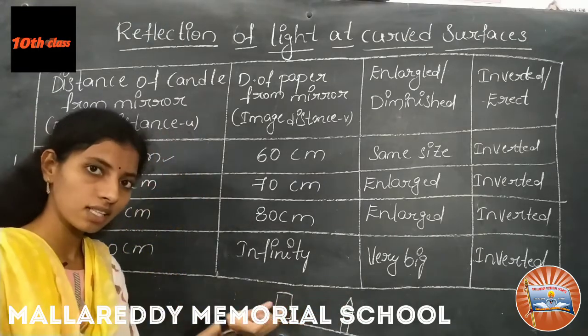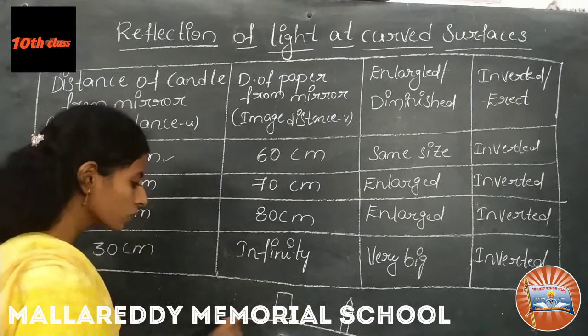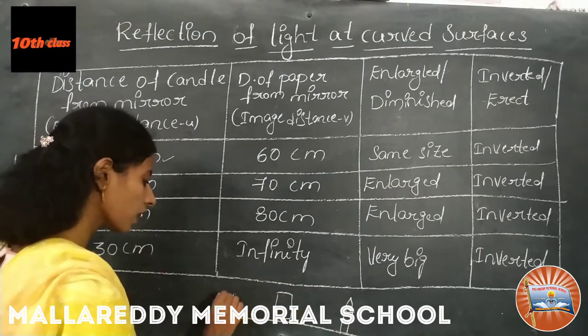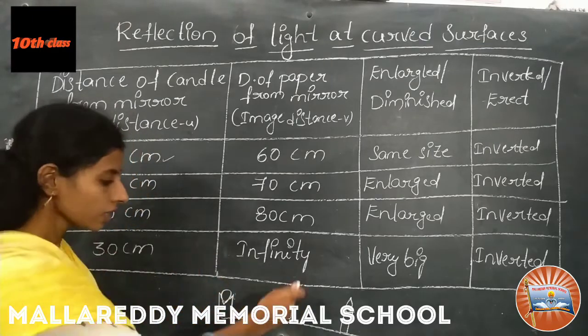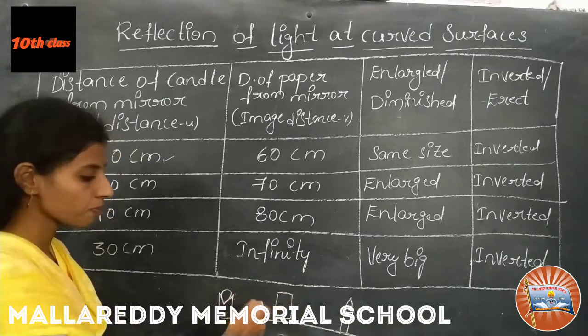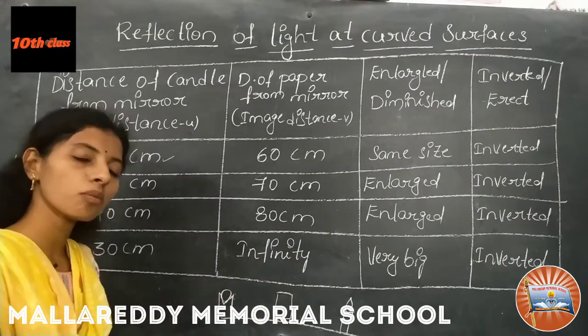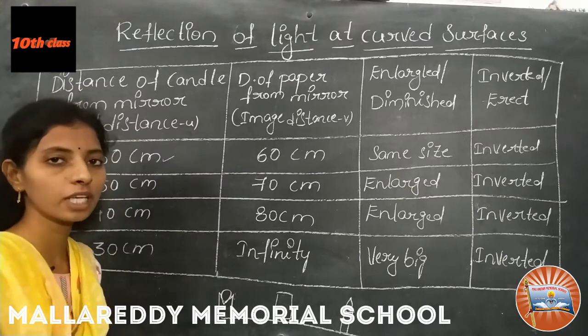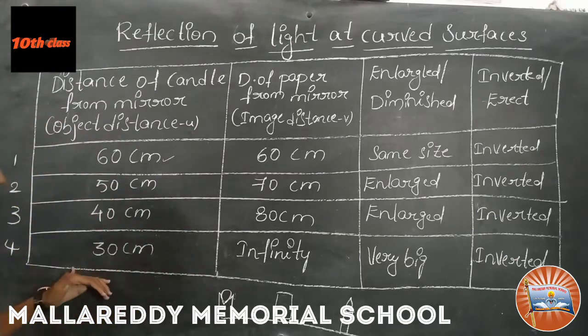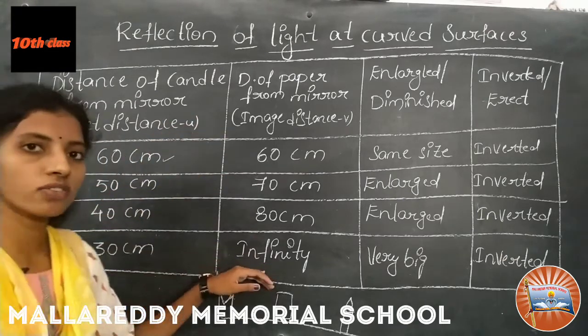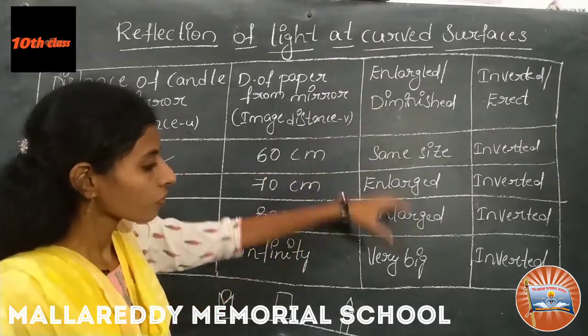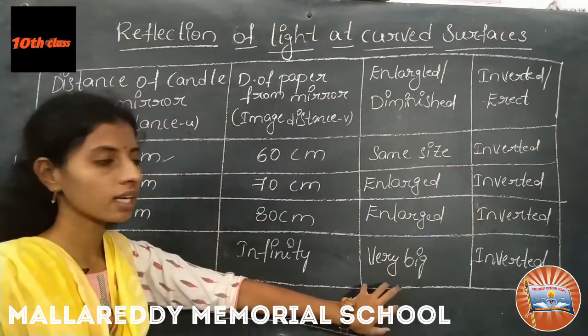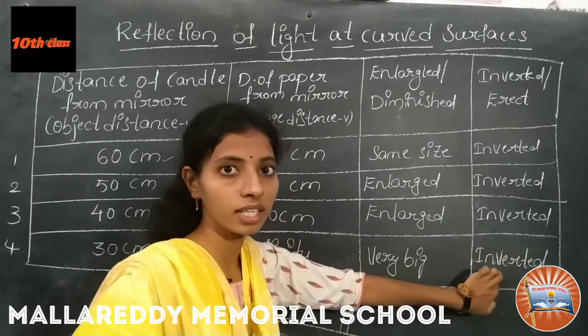To get the sharp image, we have to move the paper in front of the mirror, right? When we move the paper in front of the mirror, at some point we will get the sharp image. At 30 centimeters the image is at infinity. At that time the image is very big, and it is inverted.